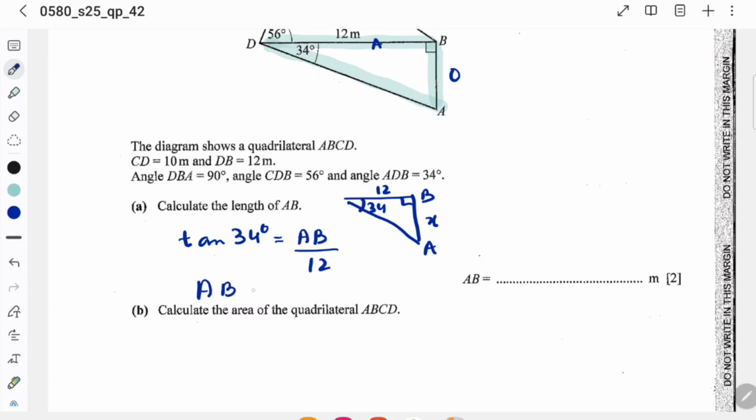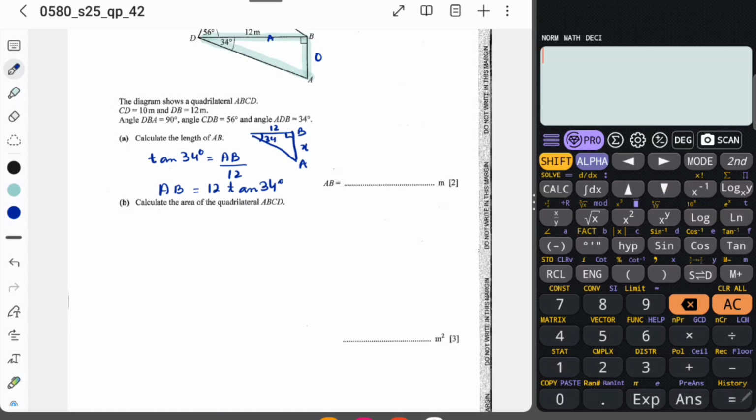AB is equal to 12 tan 34 degrees, which is equal to 8.094. You can write 8.09, corrected to 3 significant figures.